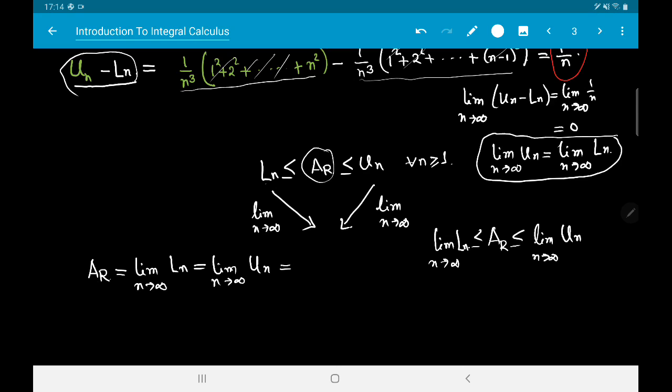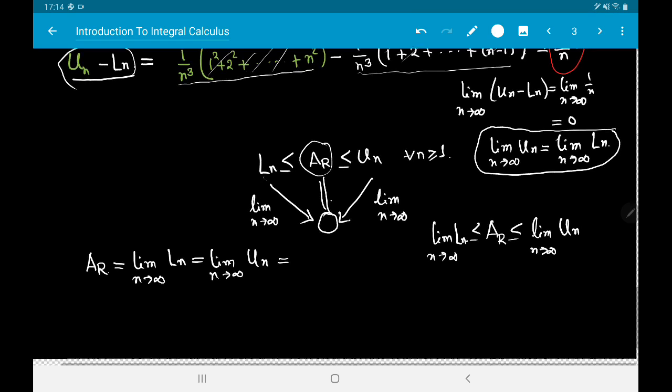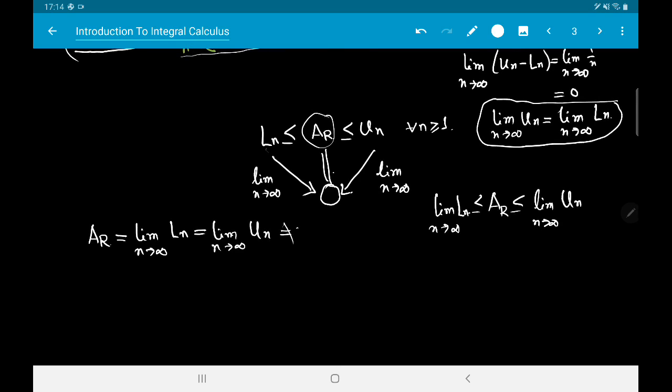So these two sequences go to the same limit. And what is this limit? Our sandwich theorem says that AR must be equal to this common limit. And so the moral of the discussion is that AR can be computed by taking the limit of either un or ln. So let me try to compute the limit for you.